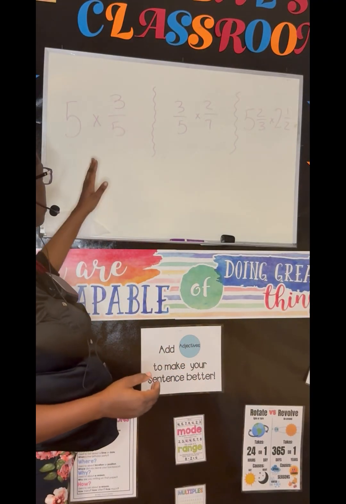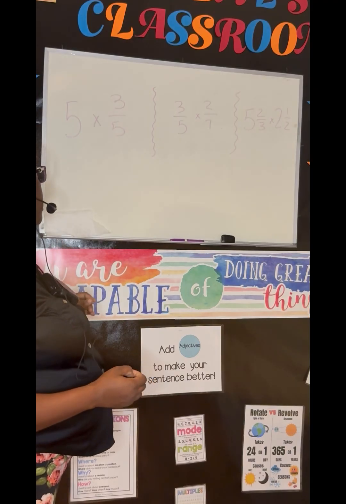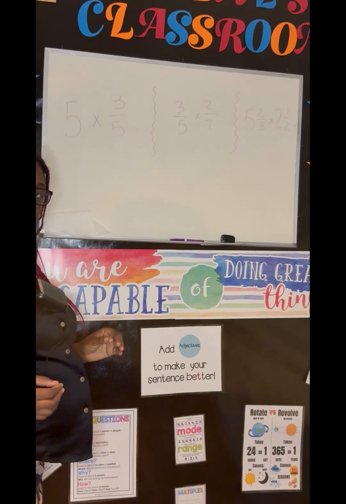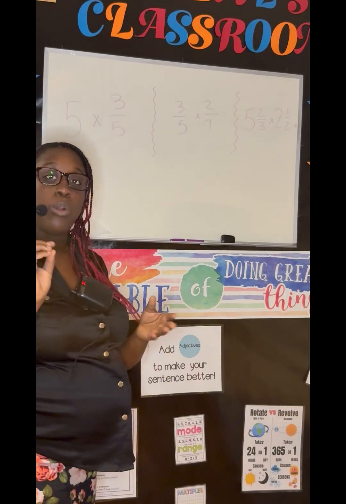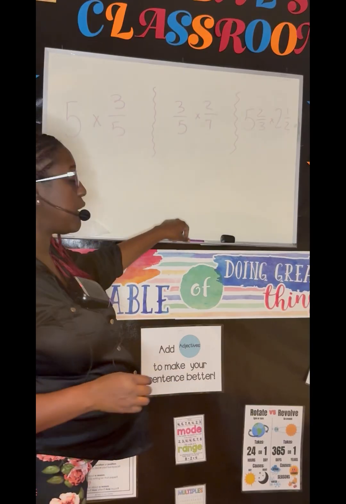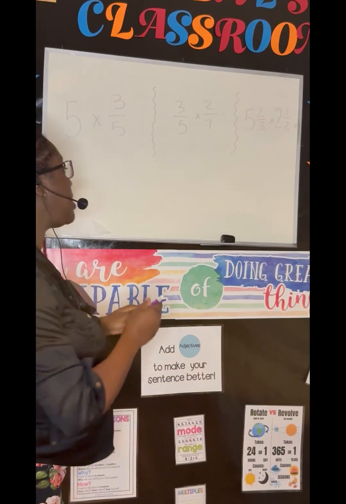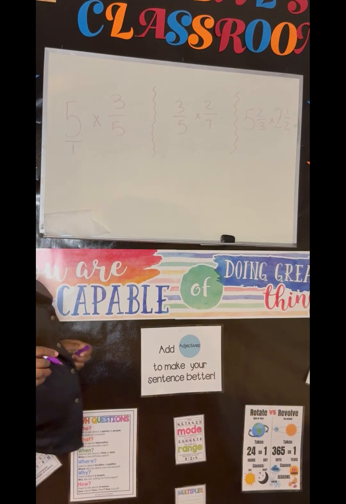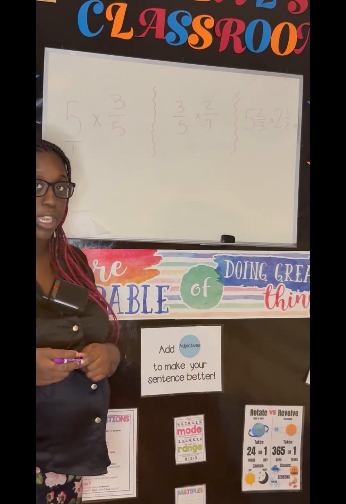Okay, so first we're going to take a look at this one here where we have our whole number times our fraction. Now remember, we've learned in a previous lesson that every whole number has an imaginary 1 underneath it. So all whole numbers, they can become a fraction, right?